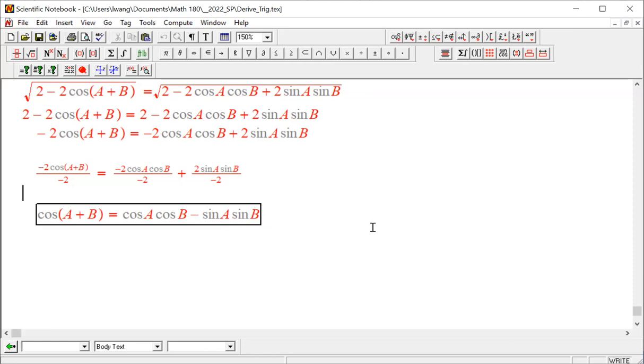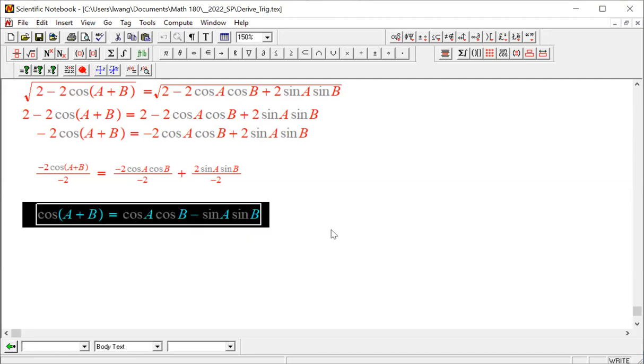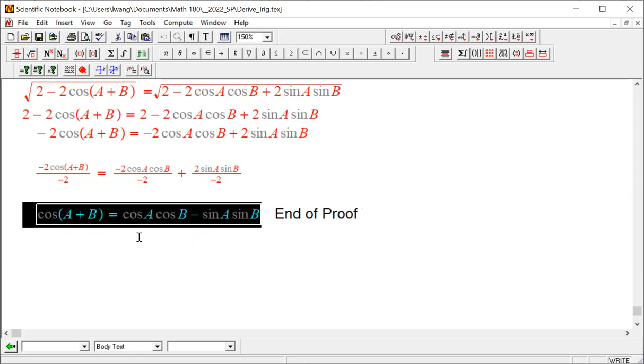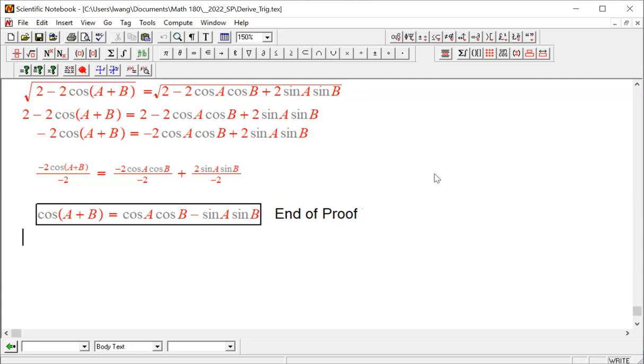Instead, you can just derive them at your fingertips. So without further ado, next time we're going to talk about how we can derive them. So this piece is done. End of proof. Now we know this is true. So from this, we're going to derive a bunch of other very useful formulas in the next lessons.